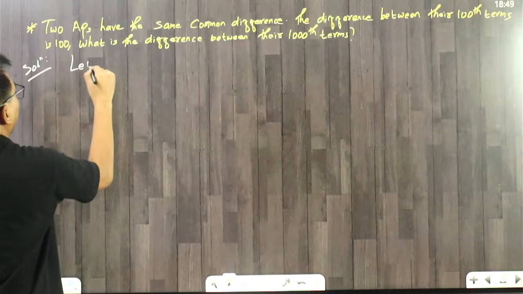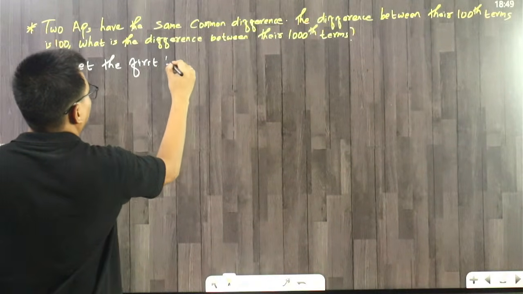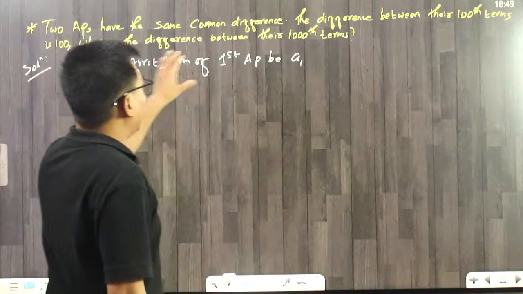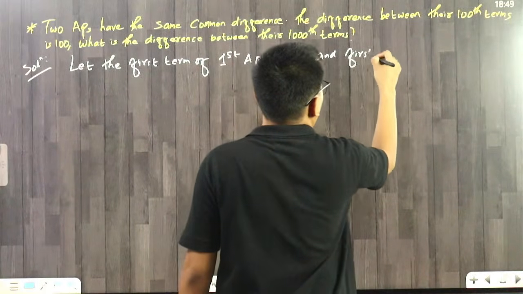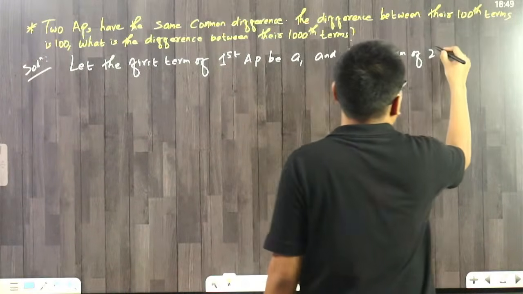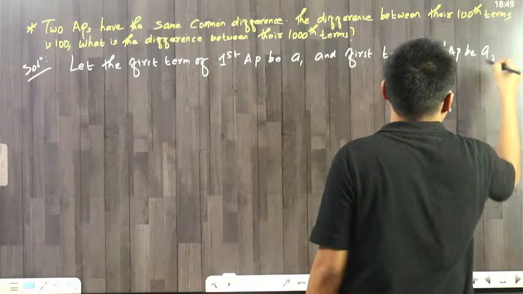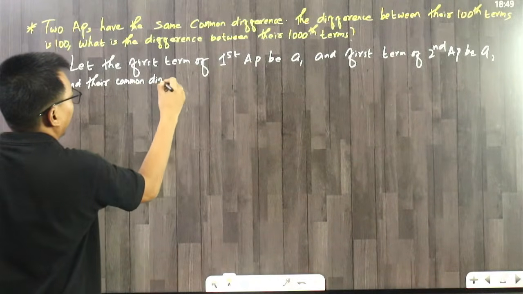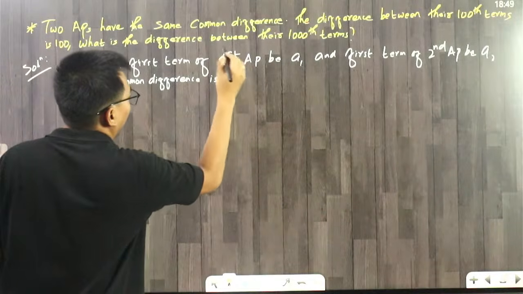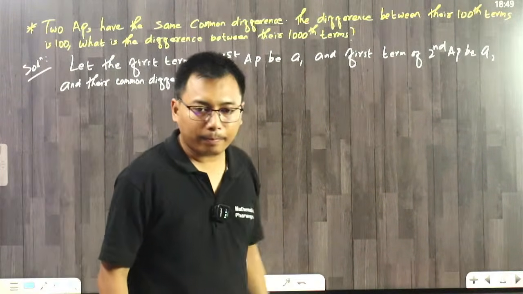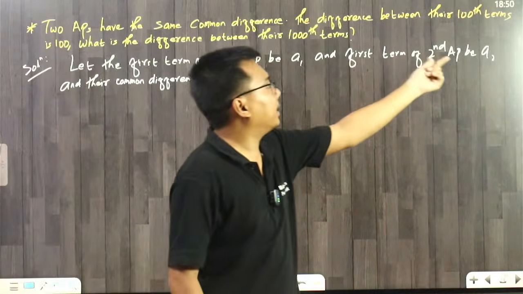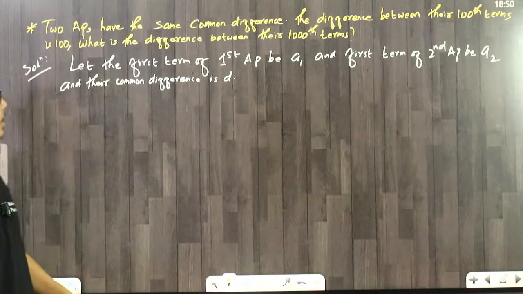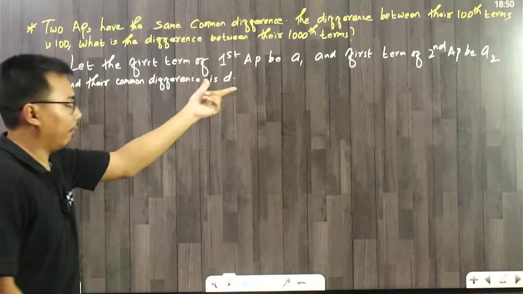We'll write: let the first term of the first AP be A1, and the first term of the second AP be A2, and since they have the same common difference, let their common difference be D. First term of first AP is A1, first term of second AP is A2, and their common difference is D. Okay, clear?